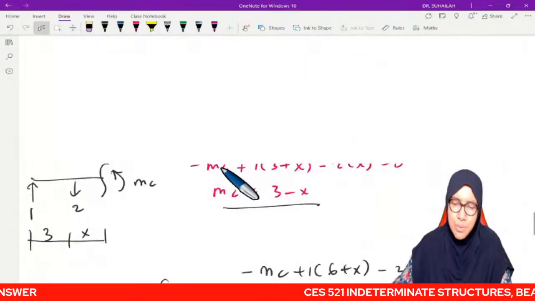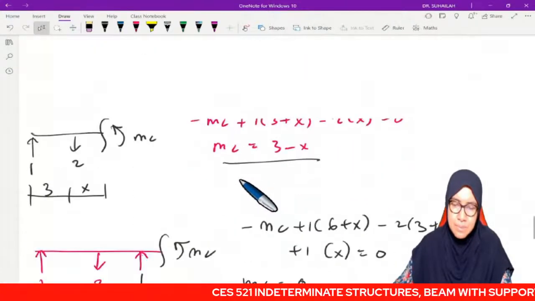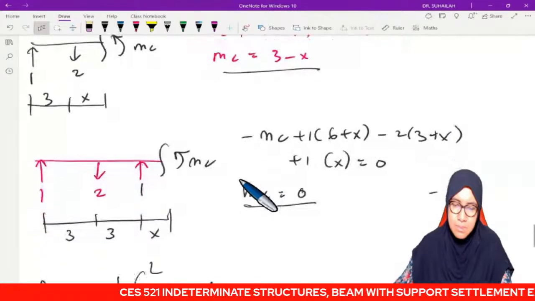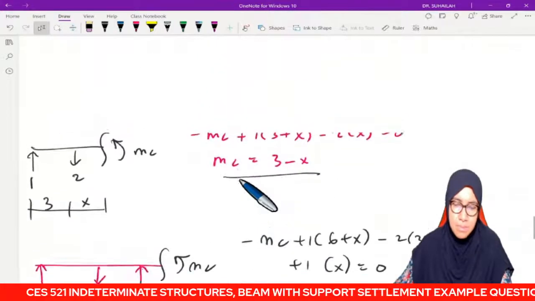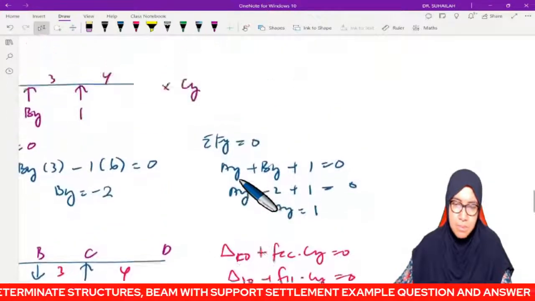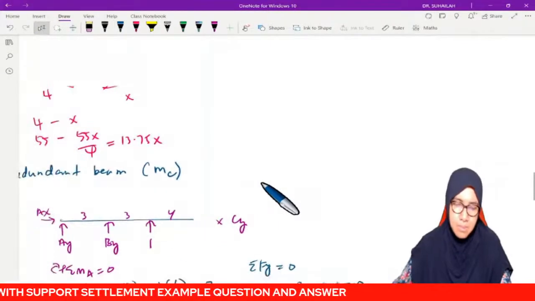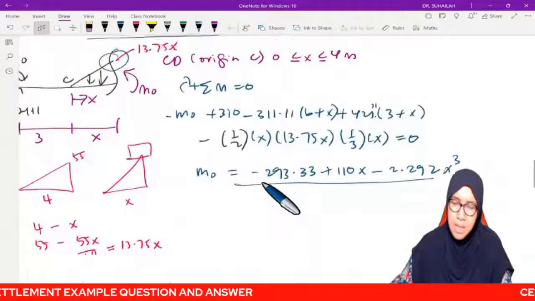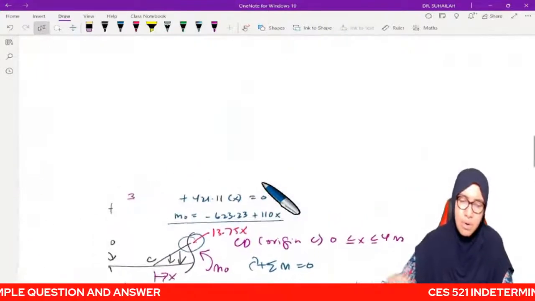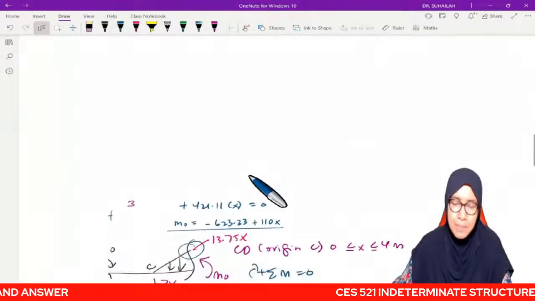We times with the moment equation for section number 2 in the primary system.